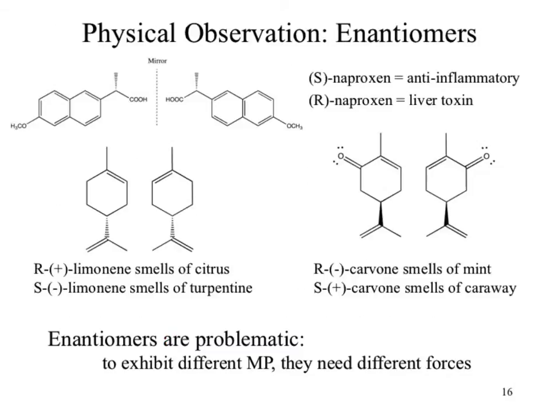What happens when we move to enantiomers? They have the same orientation, just opposite. Which means, how are they going to stack? Exactly the same for both molecules. Which means what happens to their melting points? They're the same. Their boiling points, they're the same. Why does that become a problem?